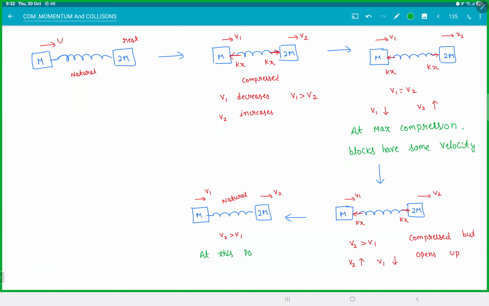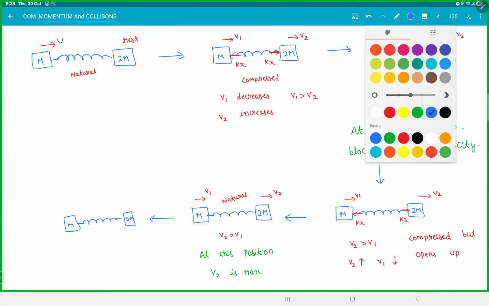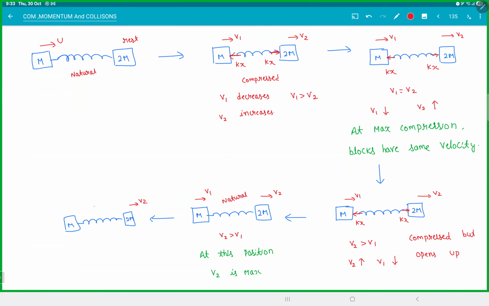Now, if you notice here, at this point, V2 is maximum. Think about it. Next moment, the spring will start elongating. At this position, V2 is max. Next moment, what will happen? The spring will start elongating because V2 is going faster. So what will happen?